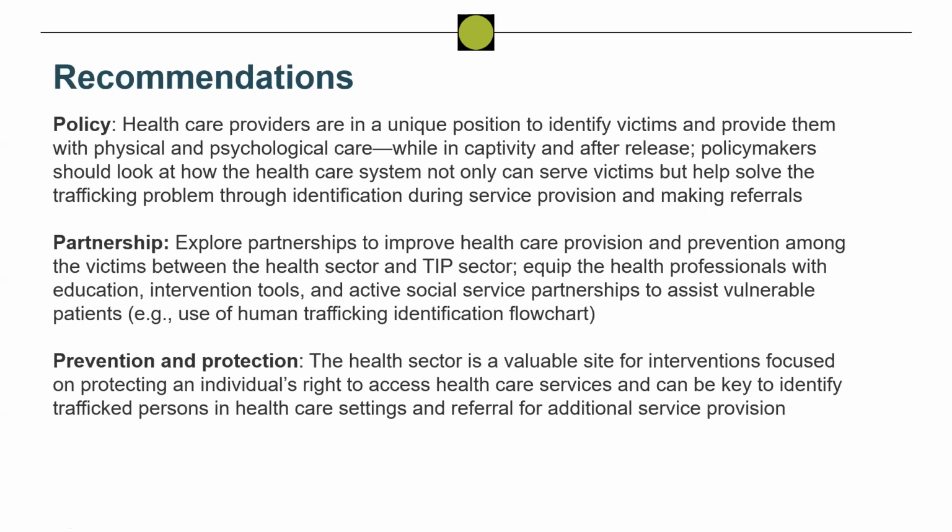Policymakers should look at how the healthcare system not only can serve victims, but help solve the trafficking problem. I think I've mentioned it through identification during service provision and making referrals to the other points of care like police or to shelters. Two, the need to explore partnerships to improve healthcare provision and prevention among the victims between the health sector and the TIP sector.